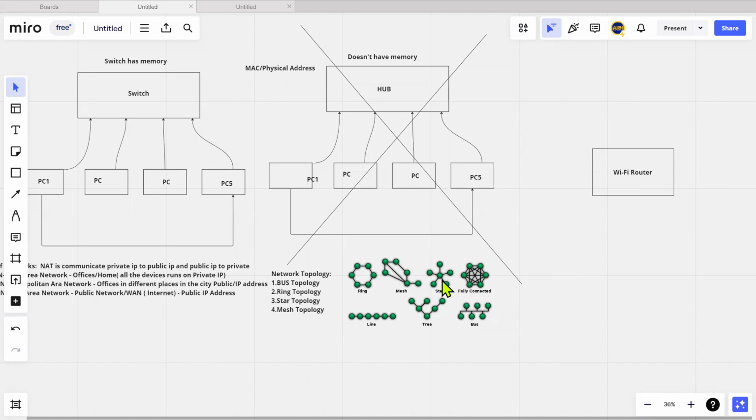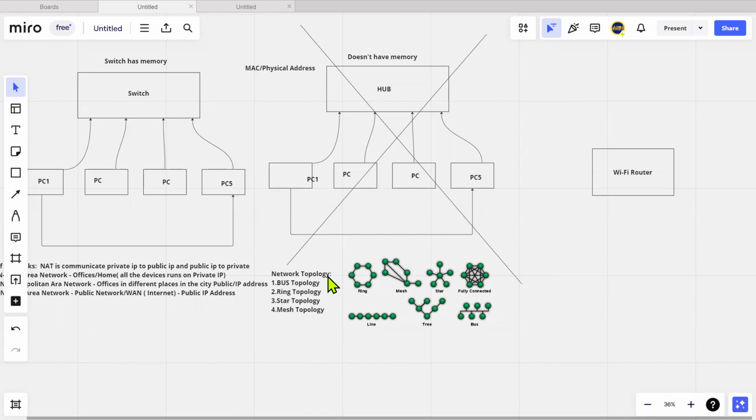The request goes directly to the switch or router and then reaches this. So the traveling time is less. There are no hurdles, no hops, no stops, directly from here to here. So data is moving fast. Network speed is more.